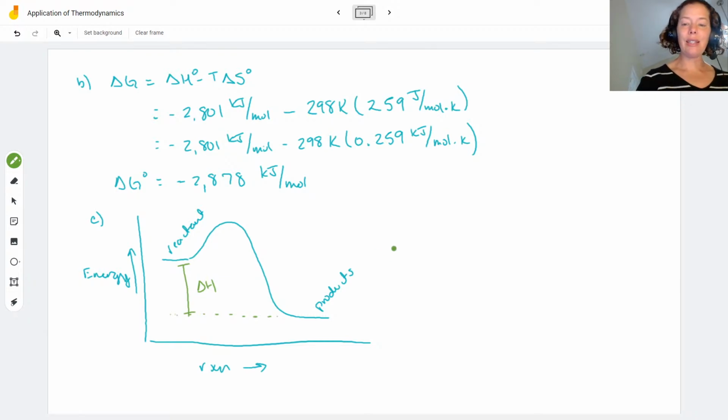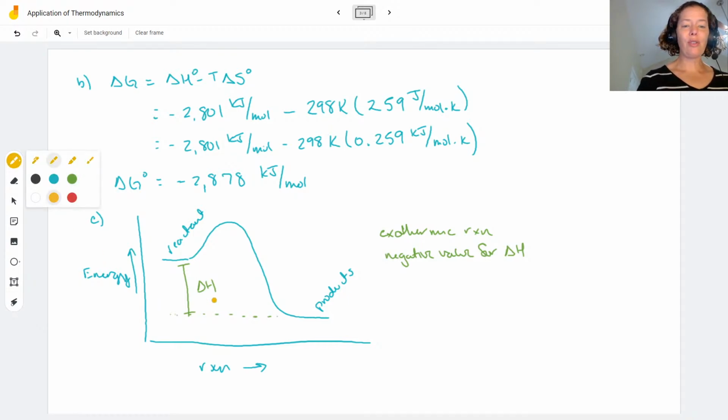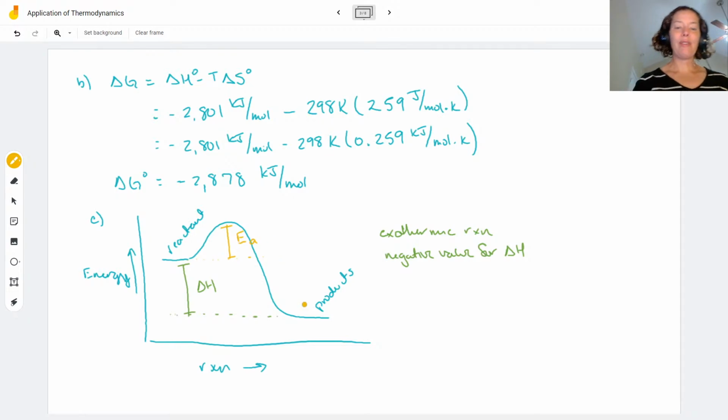So this is an exothermic reaction, and it has a negative value for delta H. The other thing that we can show in here that's very common, although I guess the problem didn't specify it, is the activation energy. I'll show that in yellow. That is the difference between the energy of the reactants and the top of this curve right here. And we usually label that EA. That is our activation energy.